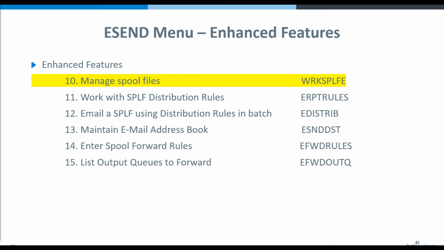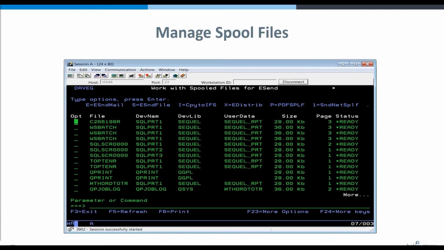So I'm going to show you a couple of them. The first one is the Work Spool File, E. Basically, this is our rendition of working with your spool files on the iSeries, but combining it with all the features of ESEND. Across the top, you'll see different options for emailing the spool file, copying it to the IFS, and creating a PDF from a spool file.